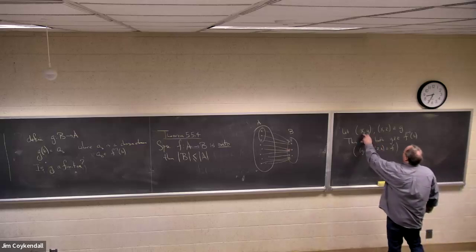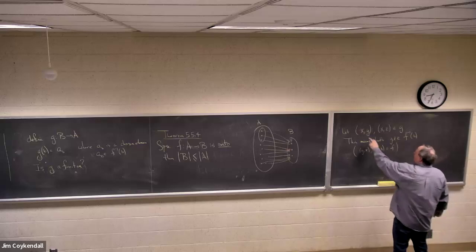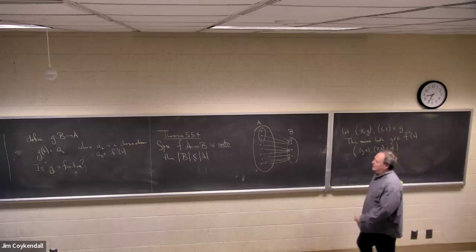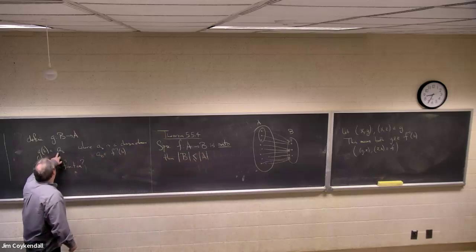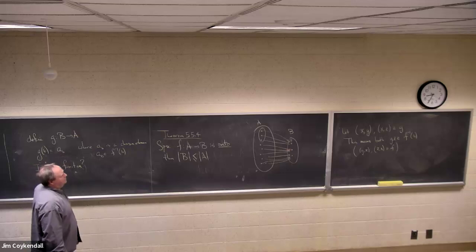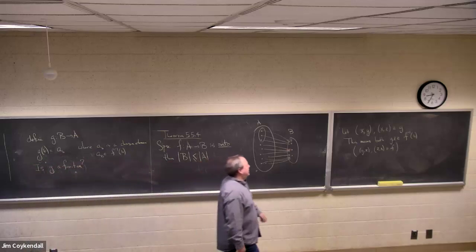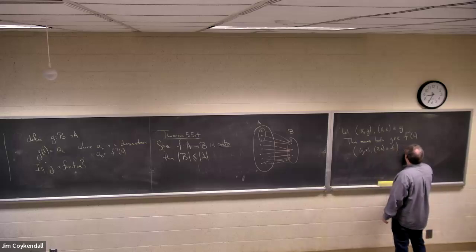Because X is the role of B here, and Y and Z are A sub B. So that means that both (y, x) and (z, x) are in F, right?